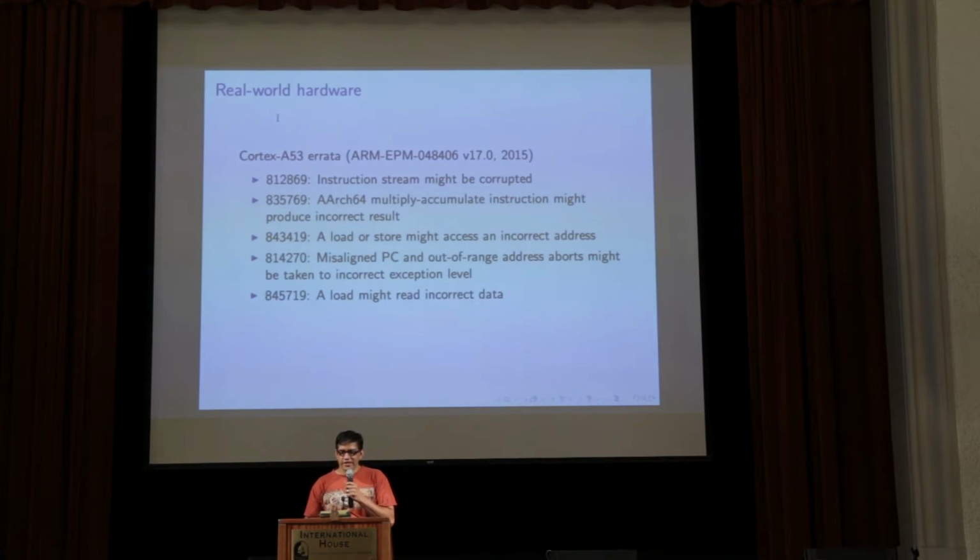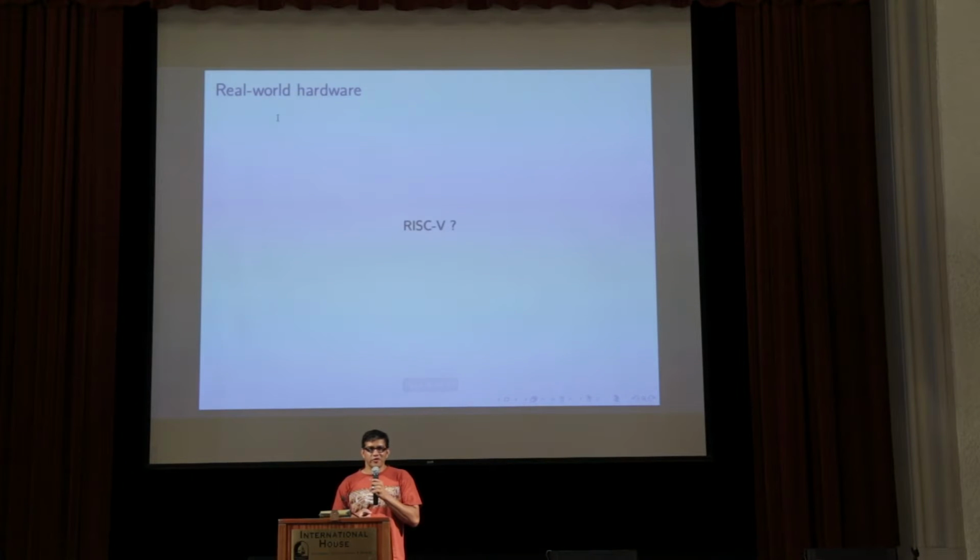Loads and stores might access incorrect addresses. You might have misaligned PC and out-of-range address aborts, and you could go to the incorrect exception level. And this goes on for 37 pages. And the question is, is it going to be any different for RISC-V?